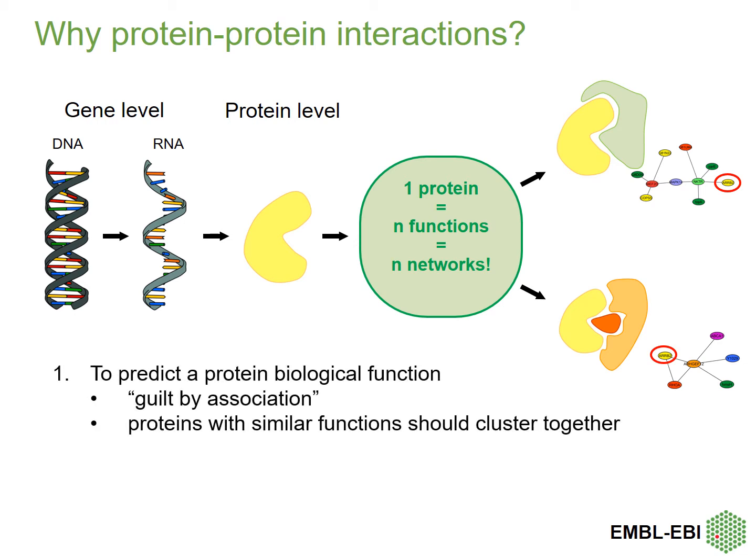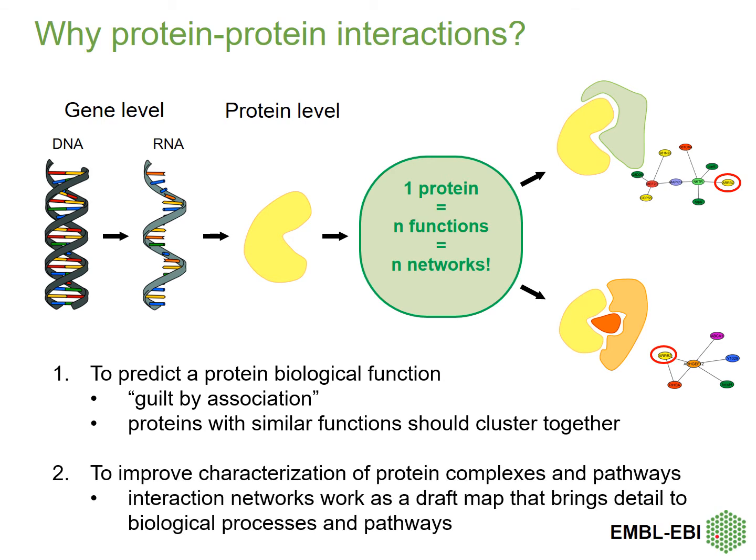So to predict a protein's biological function, you try to figure out who they're associated with. So you might say guilt by association. And the idea is that proteins with similar functions should cluster together here. So people try to draw a draft map which puts all the processes and pathways into the map.